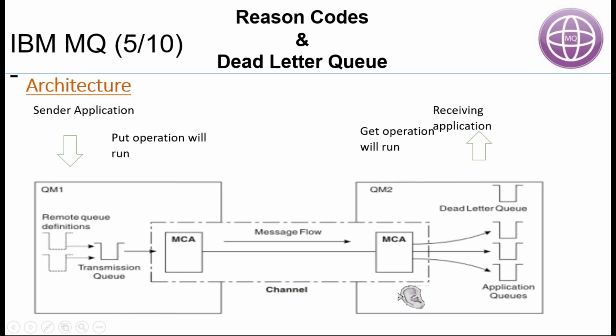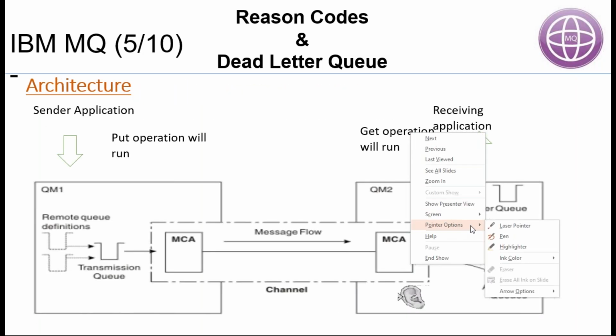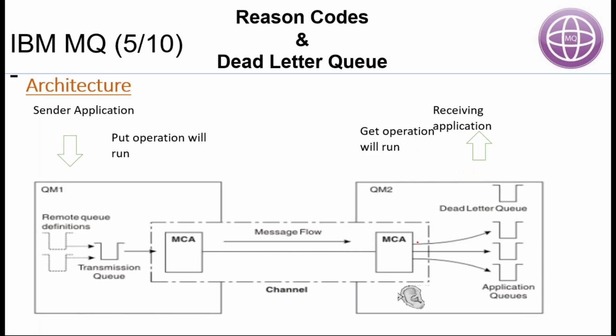For example, in this architecture diagram, here is the dead letter queue with the name DQ2. Whenever messages land in the dead letter queue, the dead letter header will identify the reason why the message failed. This is the first duty.